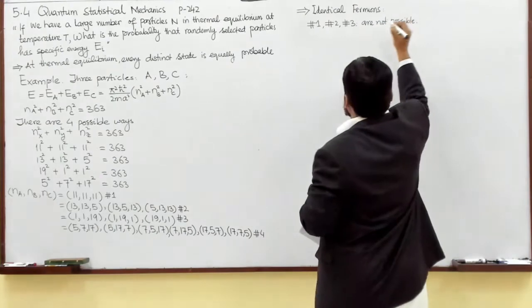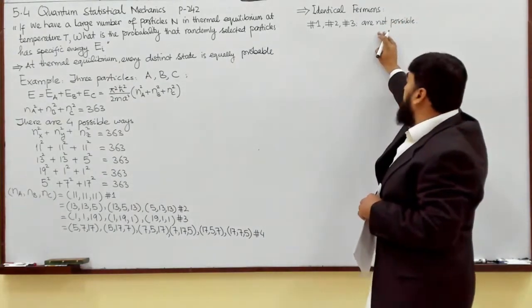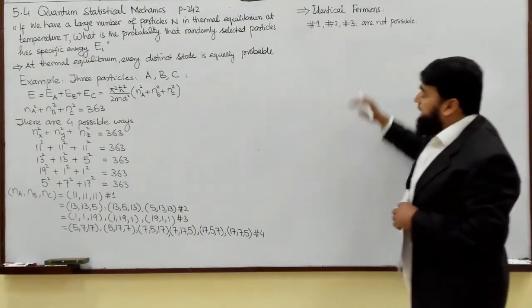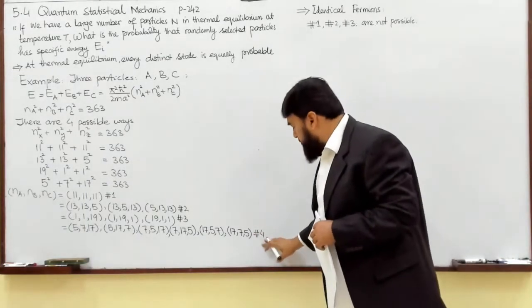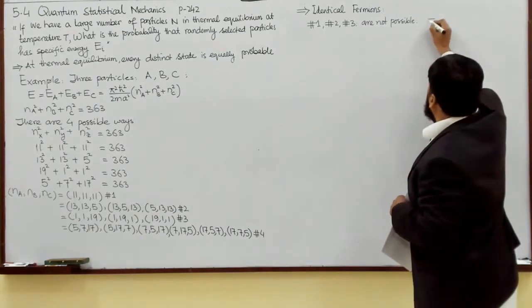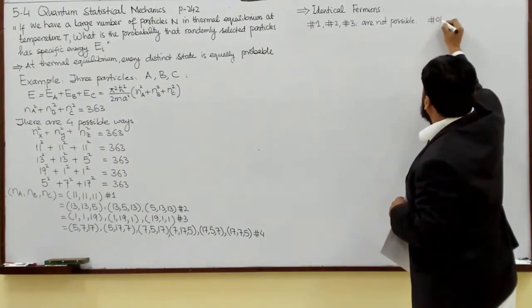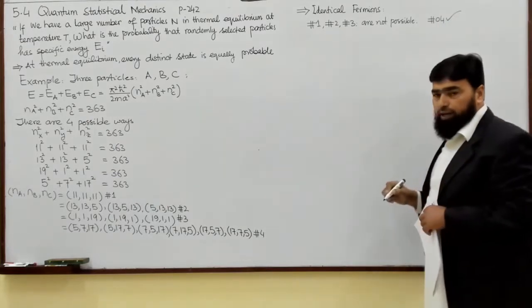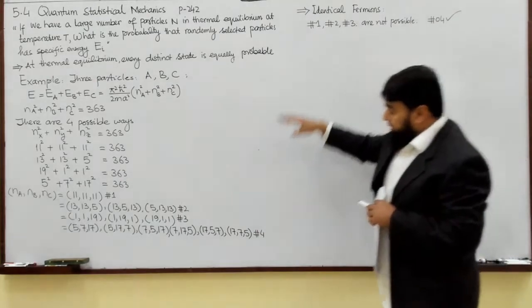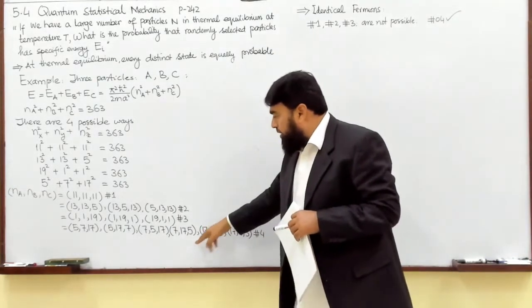They are fermions. Pauli exclusion principle is here. No 2 fermions can be in the same state. And then we come to configuration number 4. The only possibility is configuration number 4. This is fine. But the particles are identical, so all these ways are not possible.